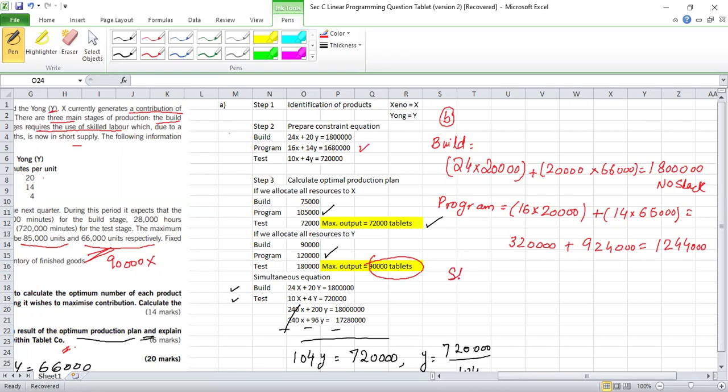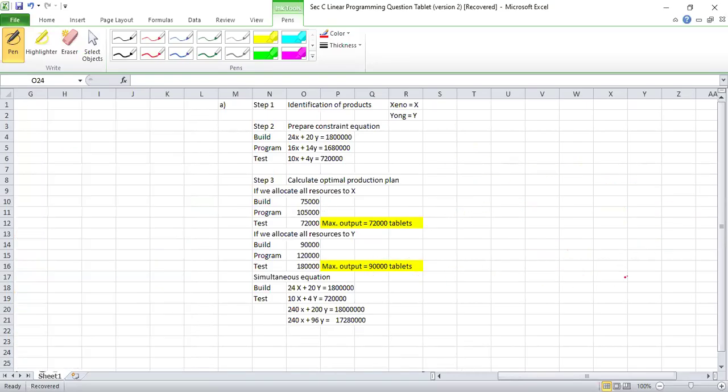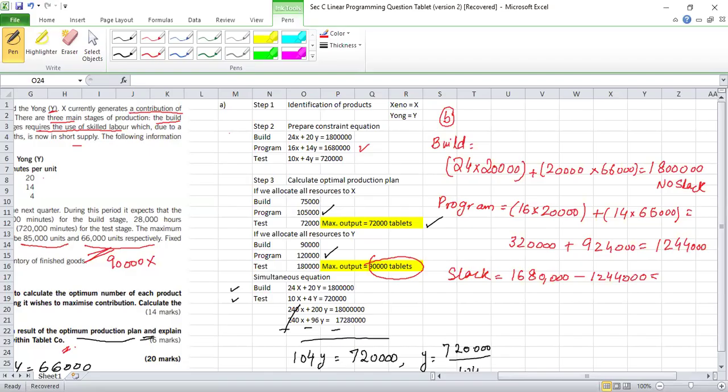So here we have a slack in program. 1,680,000 minus 1,244,000. It means we will waste our time and there will be no complete utilization of fixed cost.